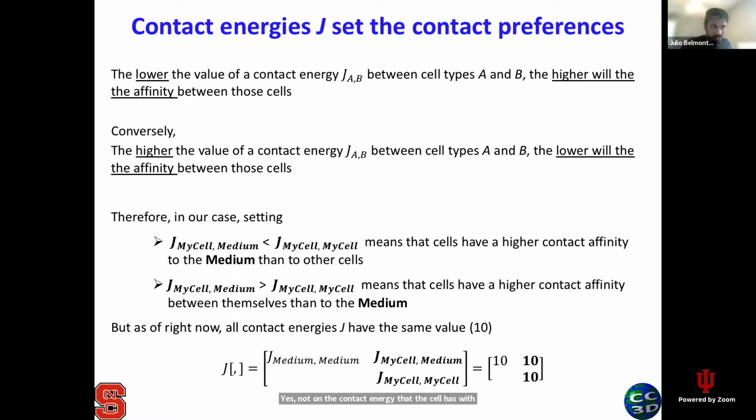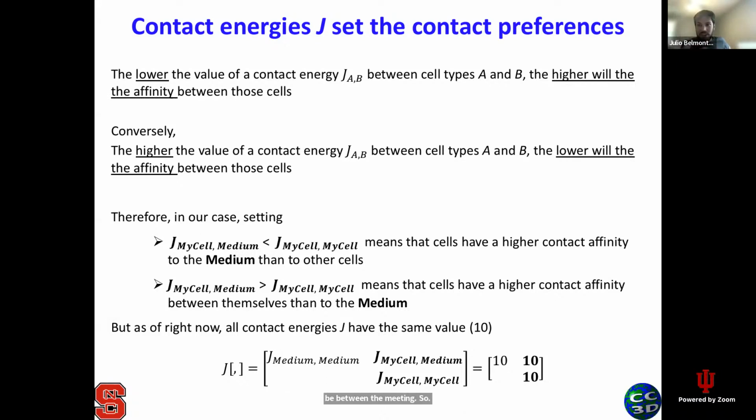Okay, so in our case, if we set the energy between cells and medium to be lower than between the cells, then the cells will have a higher affinity to the medium than between themselves. If conversely we set the energy between cells and medium to be higher than among cells, then the cells will have more affinity between themselves than to the medium.